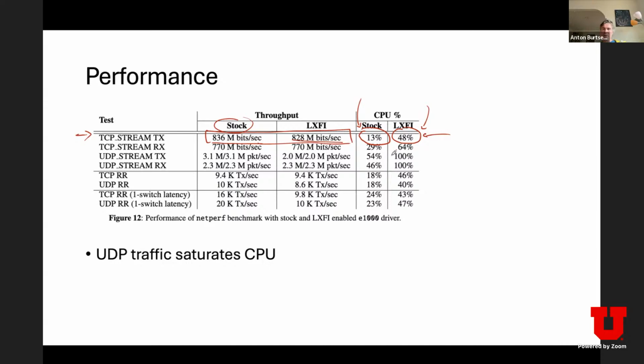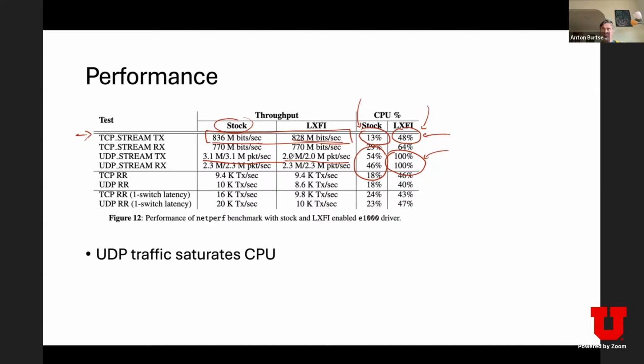However, on workloads in which LXFI hits the limits of the CPU, here, look, the original workload was roughly using half of the CPU. With LXFI, it uses 100%. At this point, the speed of the system will go down just because there will be no extra CPU time to do those additional checks, right?